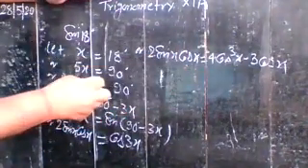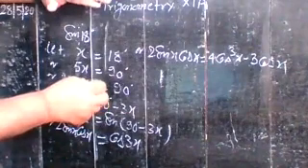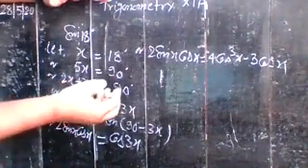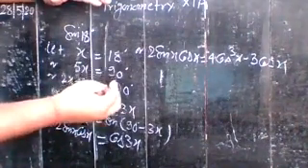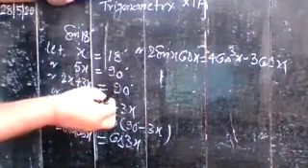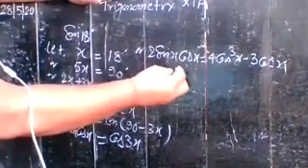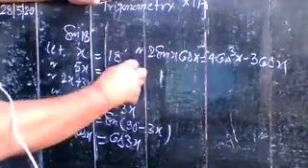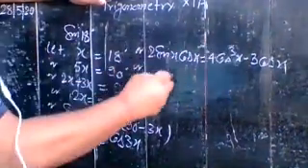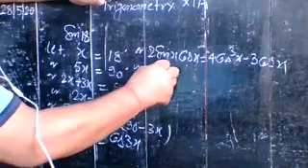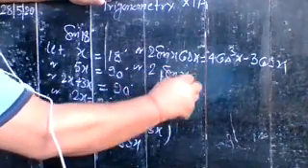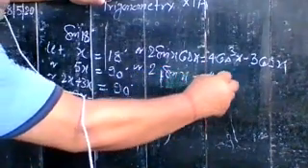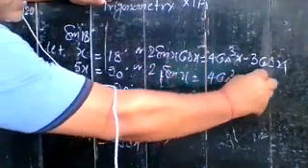You can cancel any function of x from both sides which is not equal to 0. Understand? So here you see that cos x is not equal to 0, so you can cancel it from both sides. So you may write 2 sine x is equal to 4 cos square x minus 3.